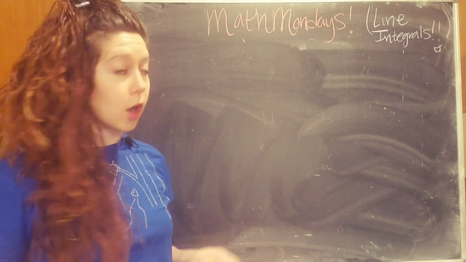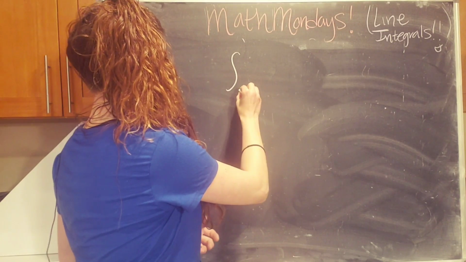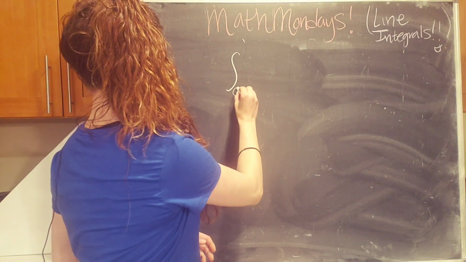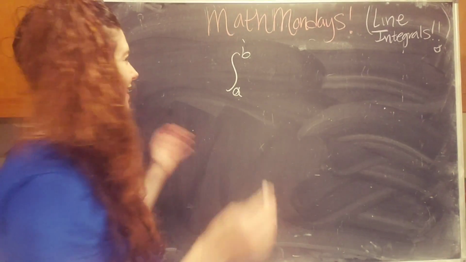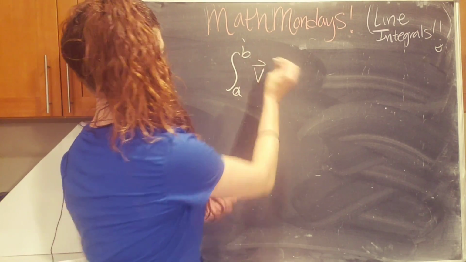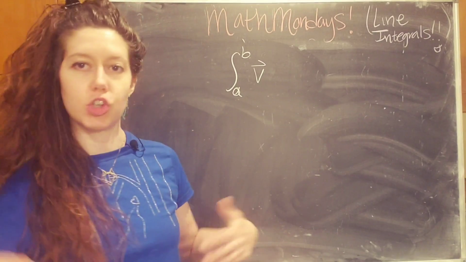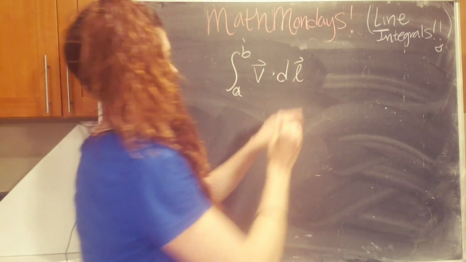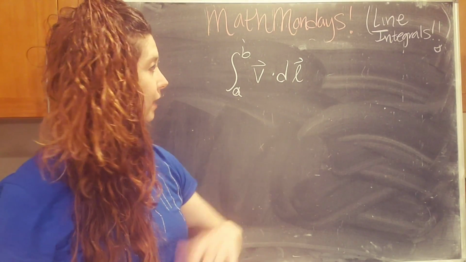Okay, so the equation for a line integral is like this. You take the integral from point A to point B, where you have some vector, which is just an equation describing the shape of something, and you take the dot product with the infinitesimal displacement vector, dl.